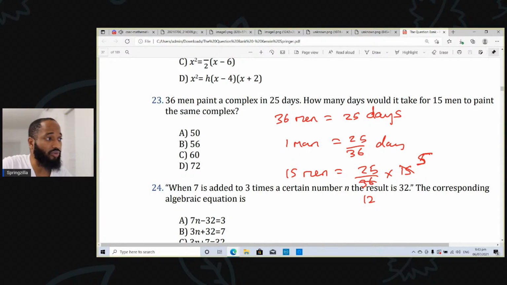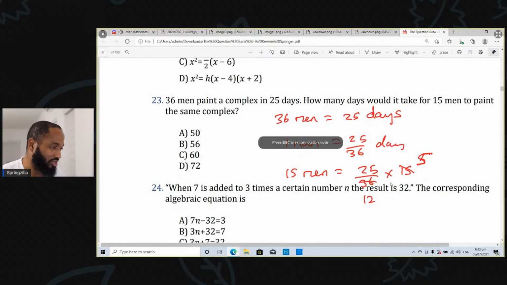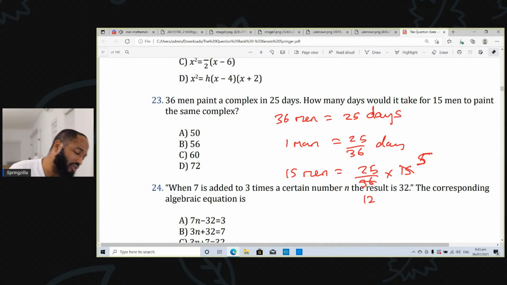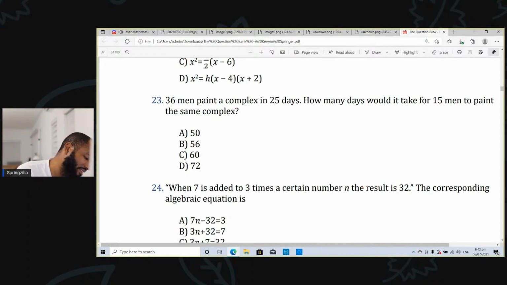This is a situation where more men mean less days, so it's an inverse proportion. Let me just struggle my way through this question so you all will see, it may help somebody. So the number of men is inversely proportional to the number of days.